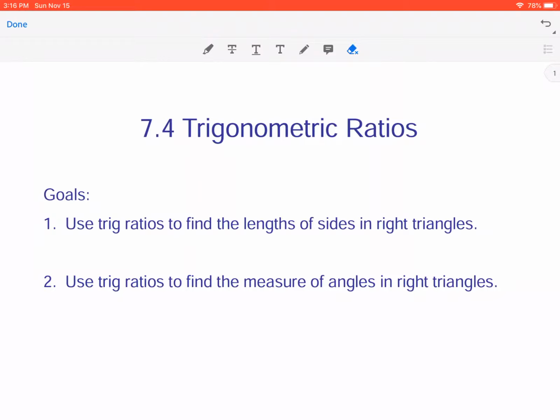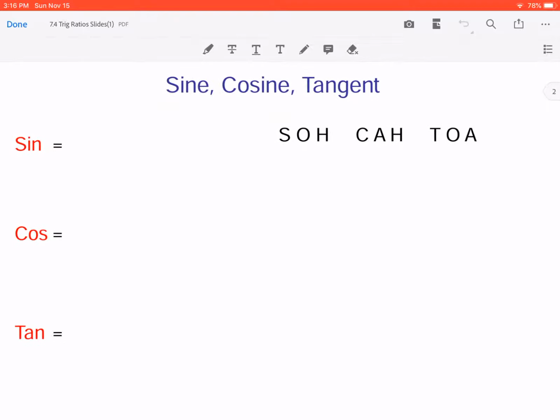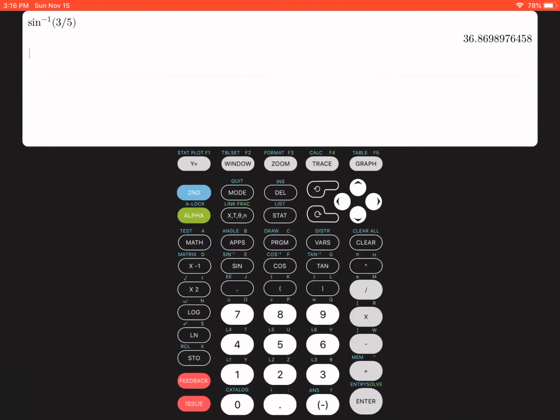So the first slide that we have here, let me get out of this. First of all, if you look on your graphing calculator before we even start, you have to make sure that your calculator is in what's called degree mode, because the angles are measured in degrees. So I'm going to switch to my calculator, and I'm going to clear this.